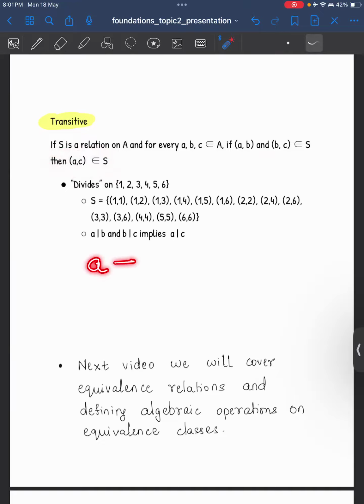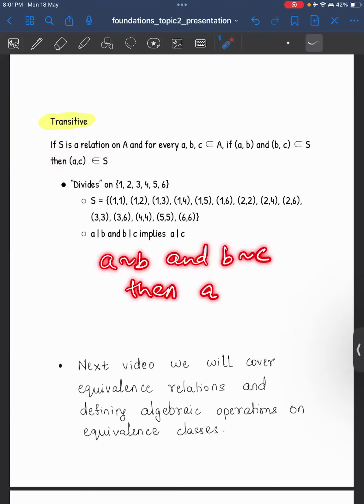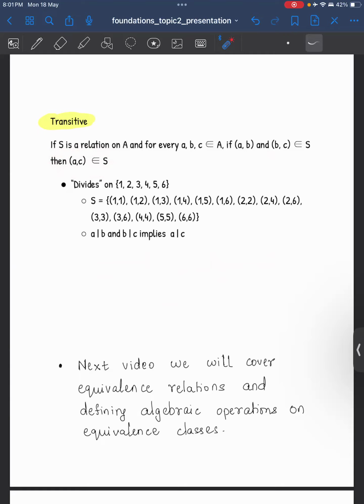The divides relation that we saw before is also a transitive relation, and this is again easy to see. If a divides b and b divides c, then a divides c. Easy to check: if 1 divides 2 and 2 divides 4, then 1 divides 4.